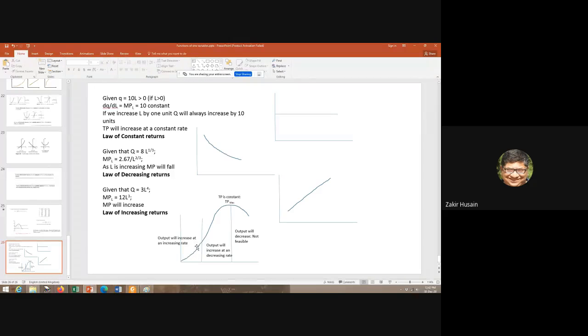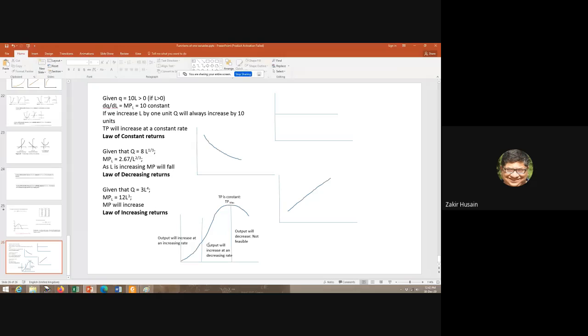Now, if you look at this range, what will be the first derivative? Positive. The first derivative is positive over here. So that means marginal product will be positive.